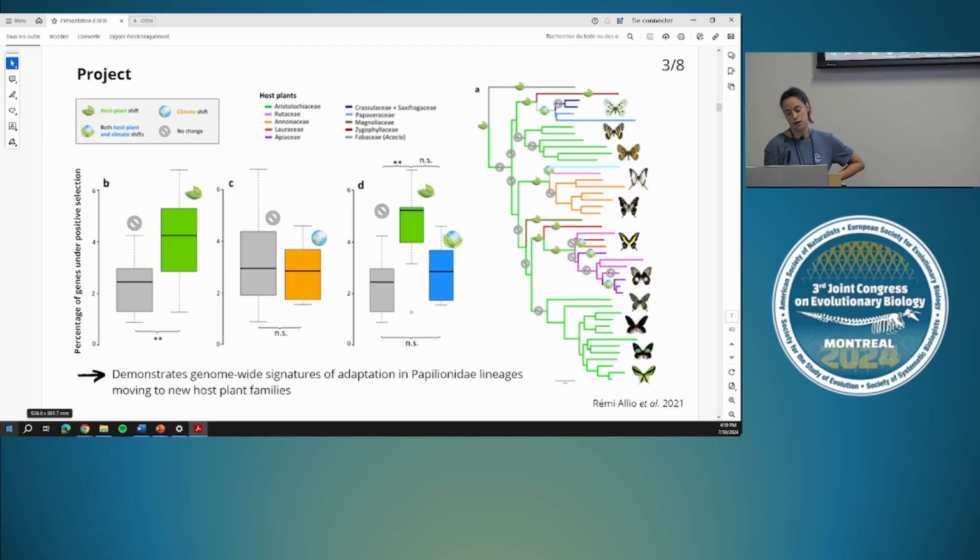This project involves replicating a study carried out by Rémi Allio in 2021, who observed adaptation signatures in the genomes of Papilionidae at the genus level, by finding a significantly greater percentage of genes under positive selection in branches where a change of host plants had occurred, compared with branches with no apparent change.